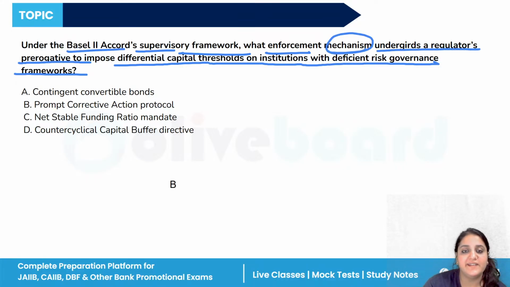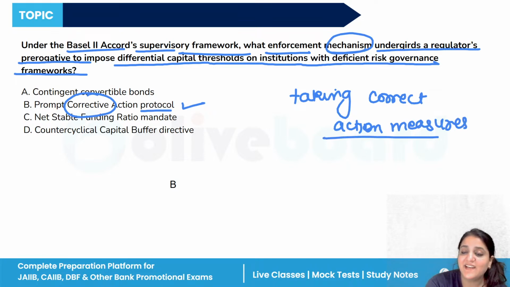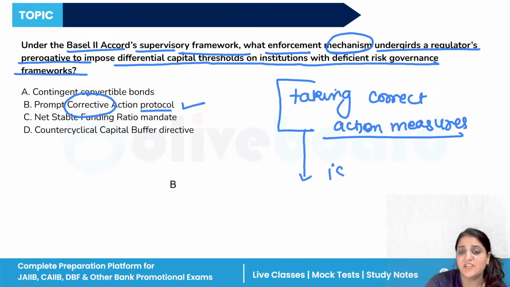I think the correct answer is prompt corrective action protocol, which is important, taking corrective action measures that are important while solving any issue, right?